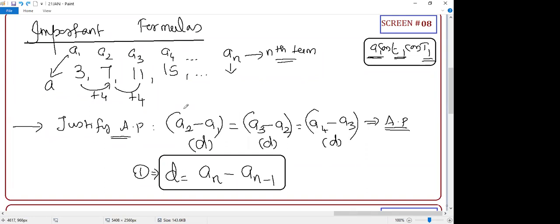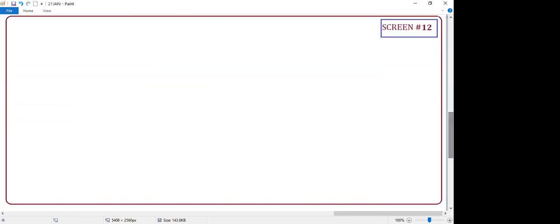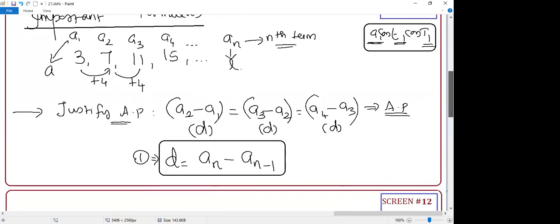Why? Because I don't know my last term. So in general, the nth term, you are very correct, An is called L also. Please remember, nth term is called your last term. Clear, students?